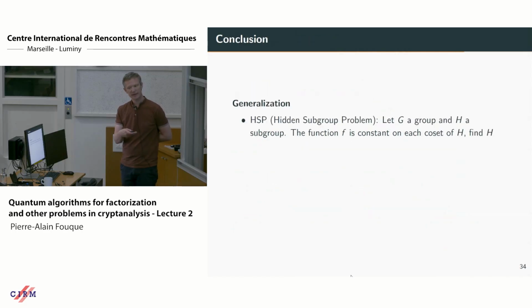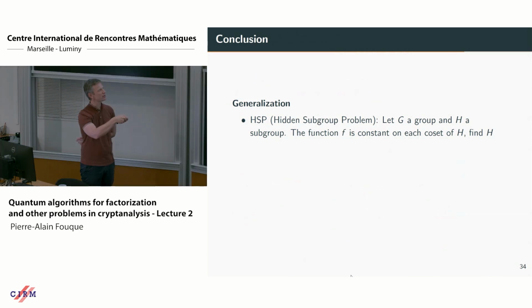You see that Shor's or Simon's algorithm can always be described by what is called the hidden subgroup problem. You have a group and a subgroup H of this group, and a function that is constant on each coset of H. The coset is just the set of all elements that we have for the first register.